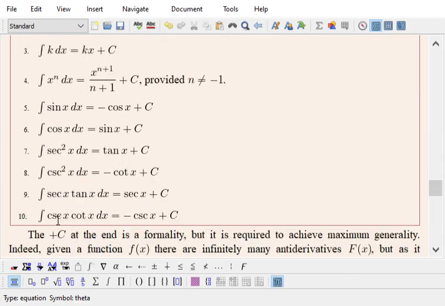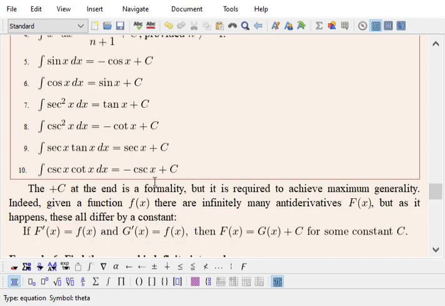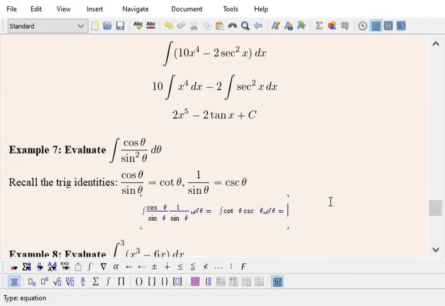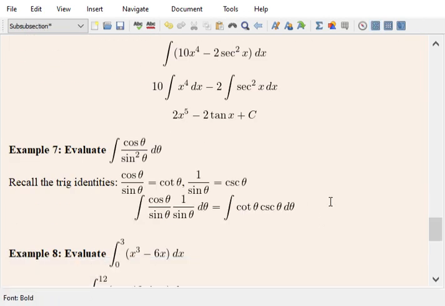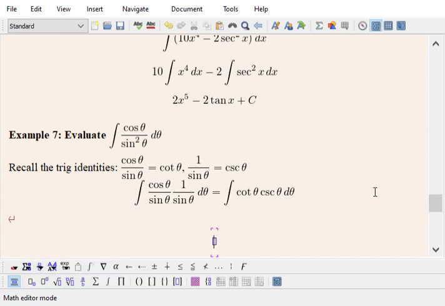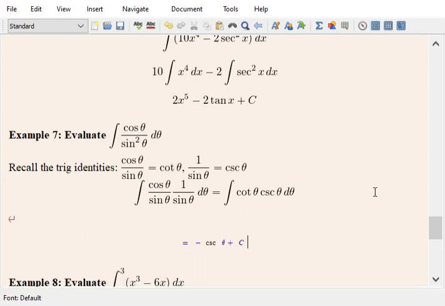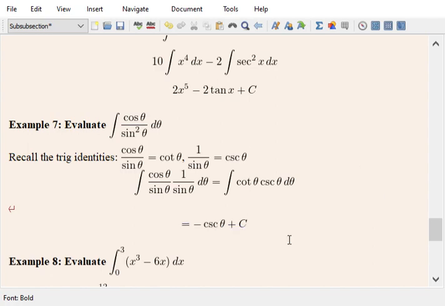We have a formula for that as well. So integral of cosecant cotangent is negative cosecant. And there we go, and we're done.